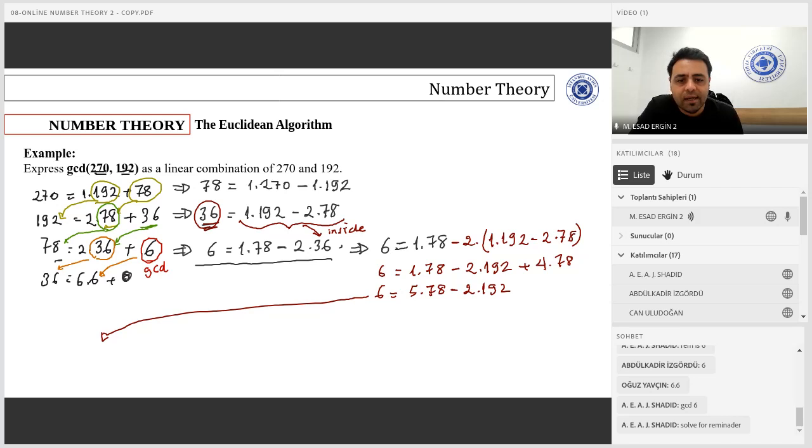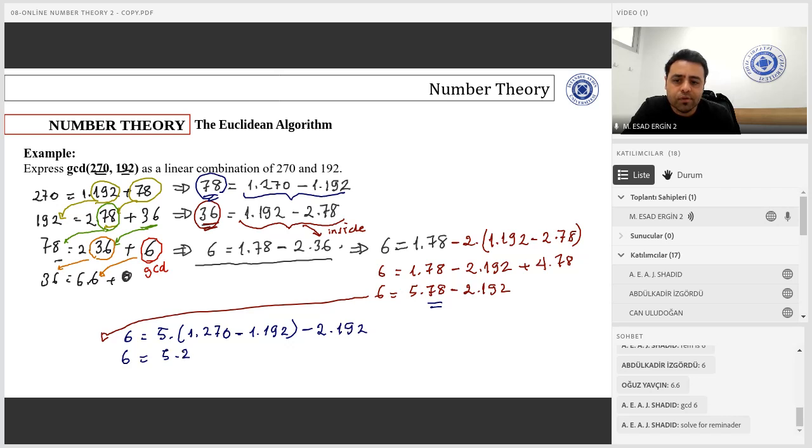Now I'm going to continue from here. So now we have 78, and also we know what 78 is. So we are going to rewrite that expression inside of this 78 here in our last equation. So 6 equals 5 times 1 times 270 and minus 1 times 192 and minus 2 times 192. So 6 equals 5 times 270 and minus 5 times 192 and minus 2 times 192.